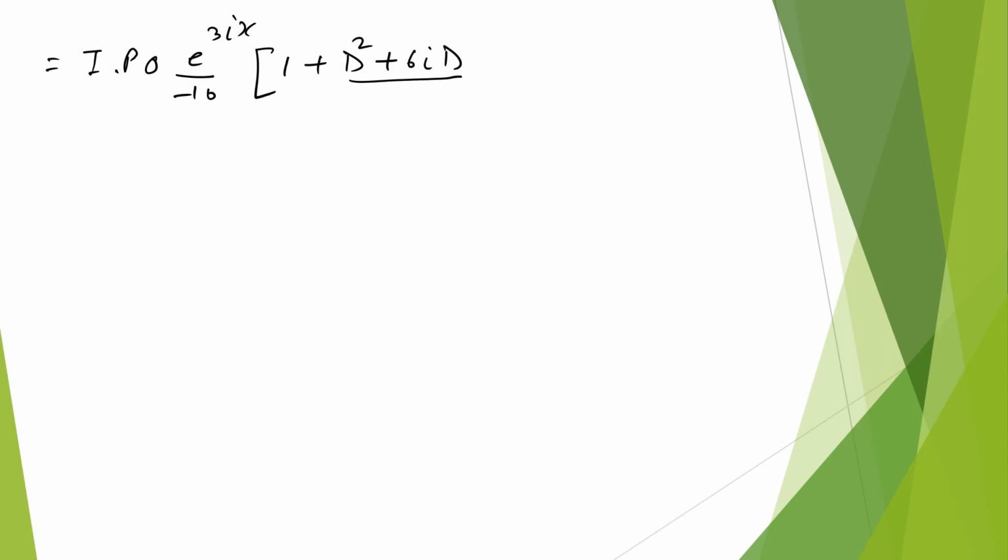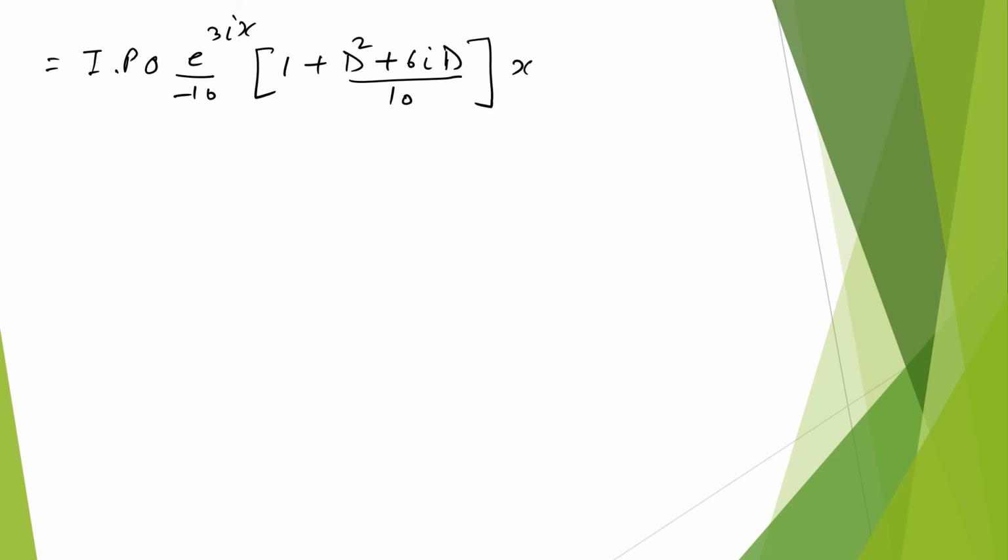Expanding this term, we get the imaginary part of e to the power 3 iota x over minus 10 into 1 plus d square plus 6 iota d over 10 into x.